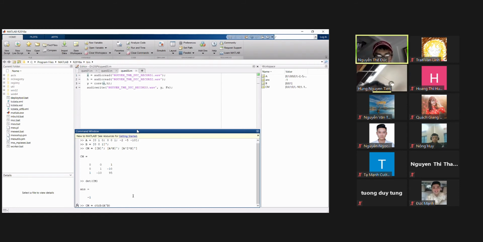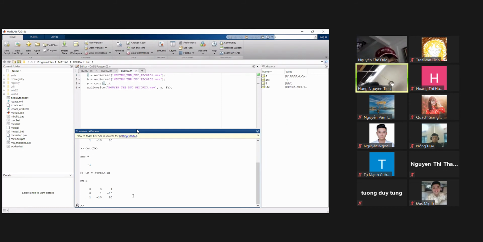Now enter. You see, and you can check the rank of CM. Put rank CM. Okay, and you see, MATLAB, it's now better.